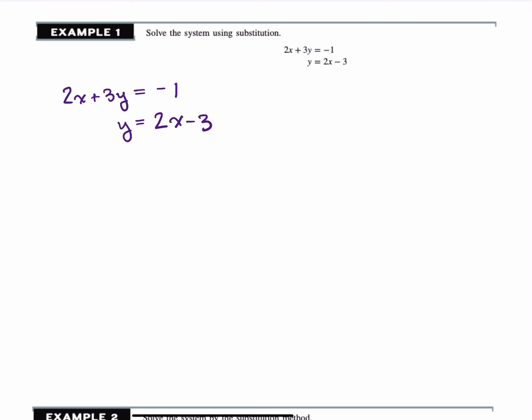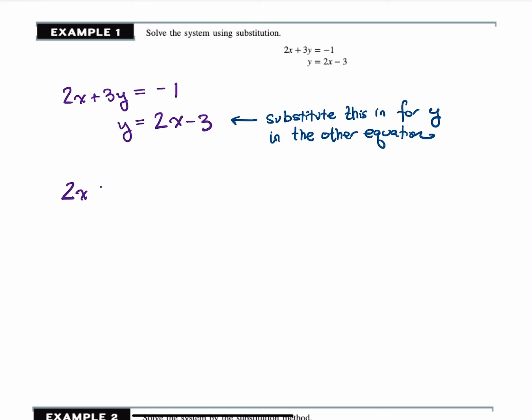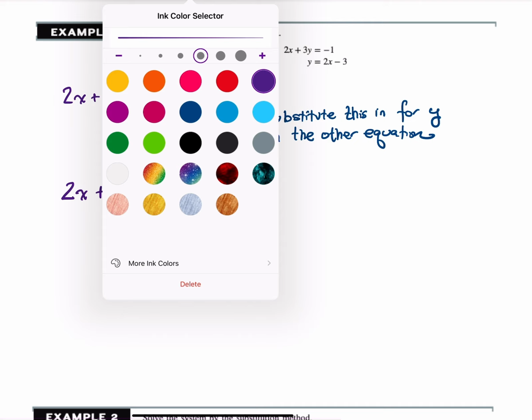So the trick here is to take this expression, and we're going to substitute this in for y in the other equation. What I mean by that is I'm going to rewrite the first equation, 2x plus 3y, but instead of y, I'm going to plug in this whole expression in x, because we're saying that's what y should be equal to.